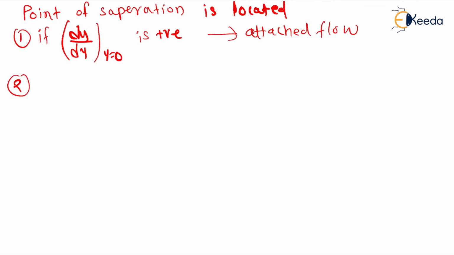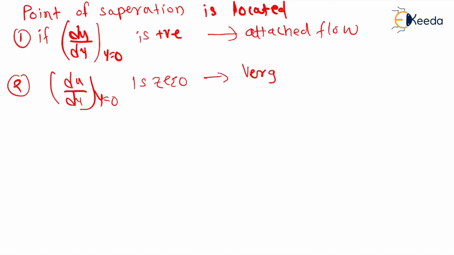Secondly, du upon dy at y equal to 0 is 0, that is the verge of separation, flow is on the verge of separation. This is nothing but point 1.